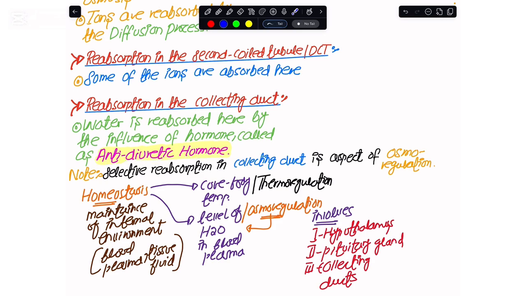So in terms of reabsorption in the collecting duct, water is reabsorbed under the influence of antidiuretic hormone. And here is a note: the selective reabsorption of water in the collecting duct is an aspect of homeostatic control, and we call this osmoregulation.